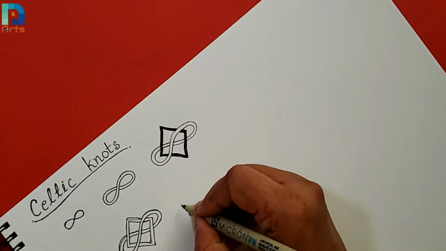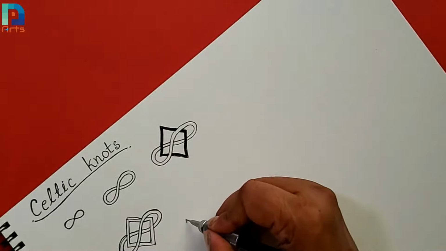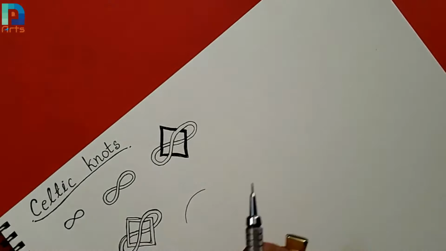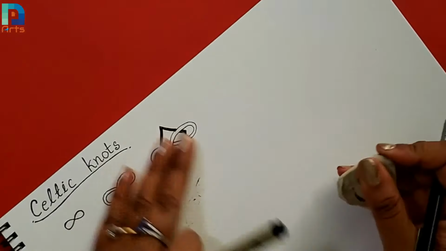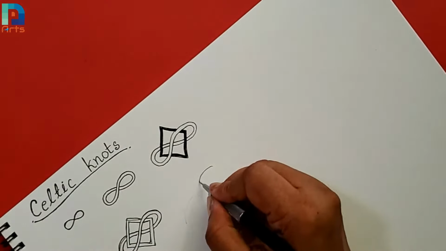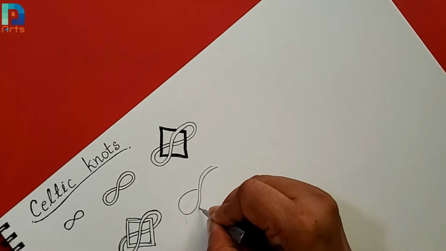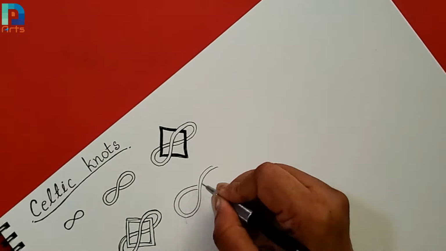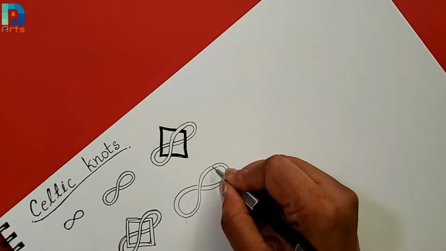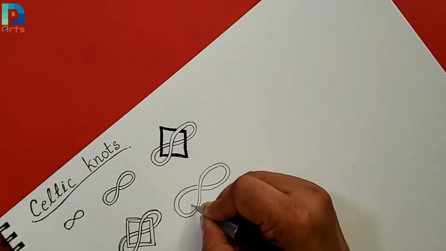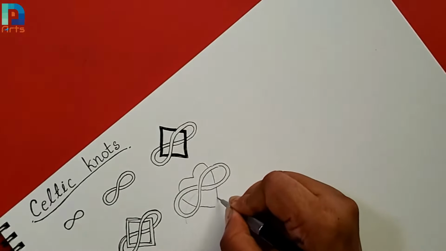So suppose if you want to draw, instead of this diamond, let me just draw this infinity symbol again. And you can see I'm drawing it with the pencil because I want to add this heart shape with the infinity symbol.